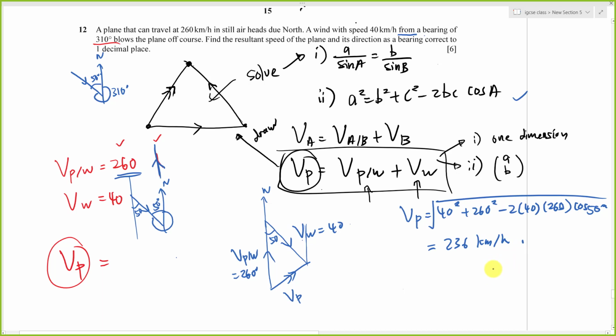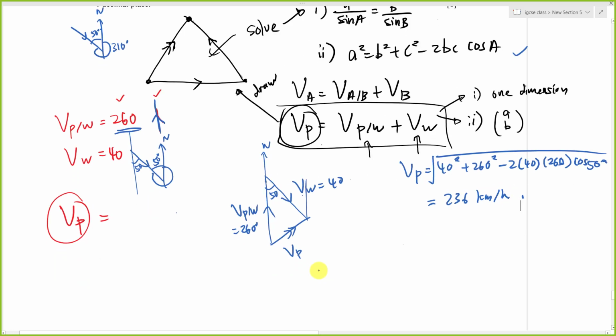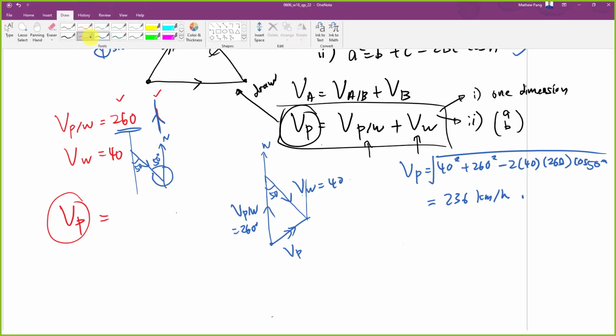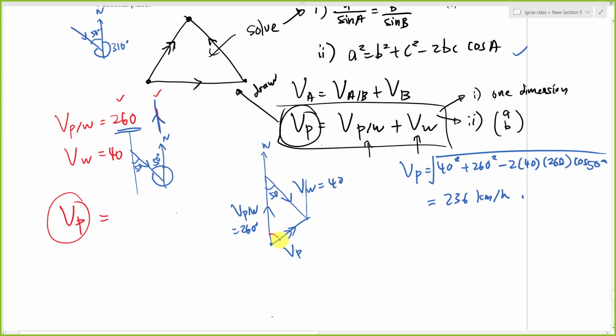Yep. And then you want to find the bearing, because if your triangle is wrong, your bearing is definitely wrong also. So this is the starting point, right? If we want to know the bearing, we always look from the starting point. So we want to know about this angle, because this line itself is north.